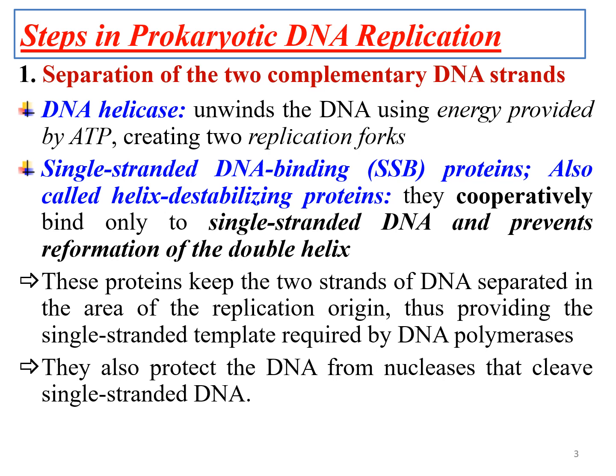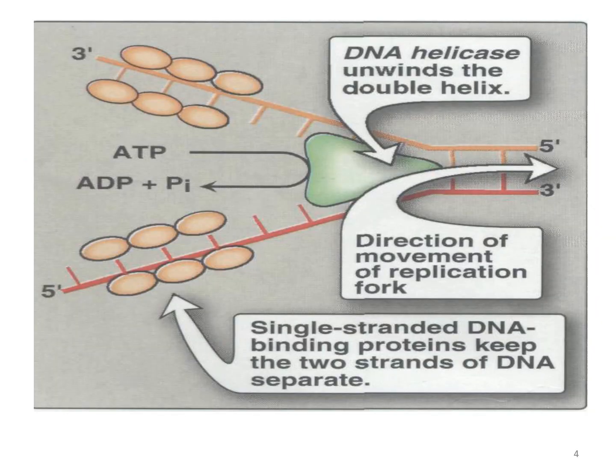They also protect the single-stranded DNA from nucleases that would cleave it into fragments. So this is how DNA helicase unwinds the double helix, and the direction of movement can be toward the replication fork or away from the replication fork.